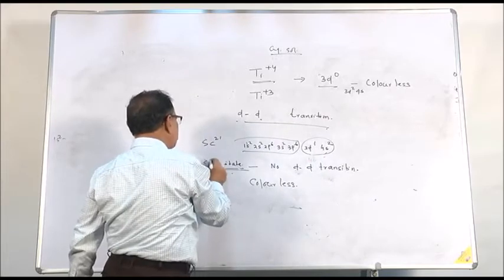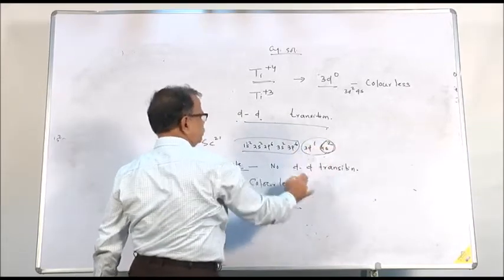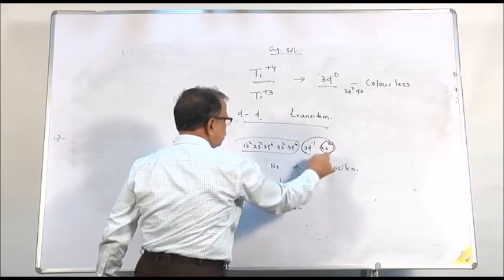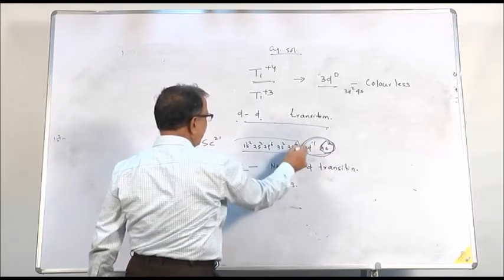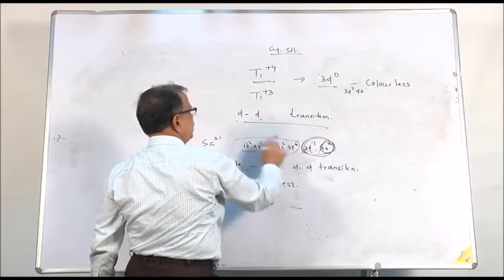After removal of 3 electrons, there are no unpaired electrons in the d subshell.